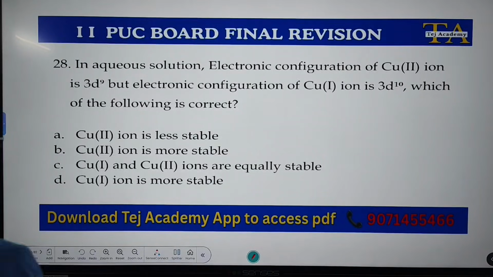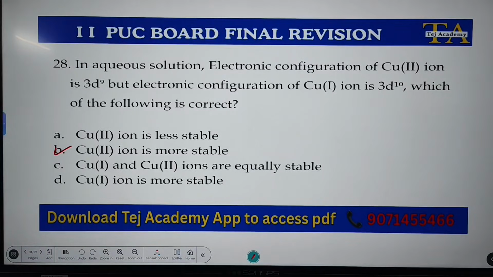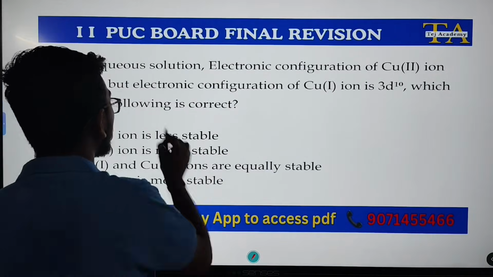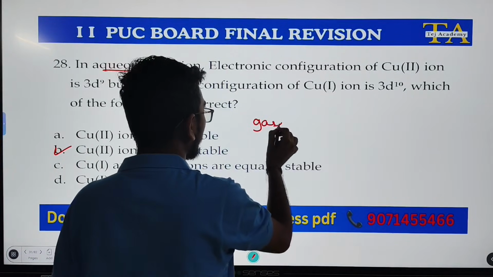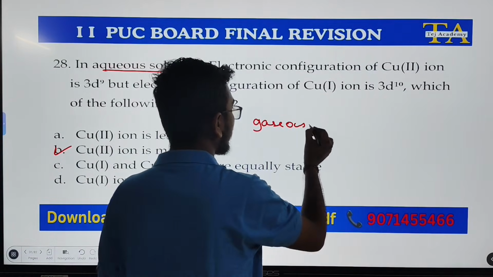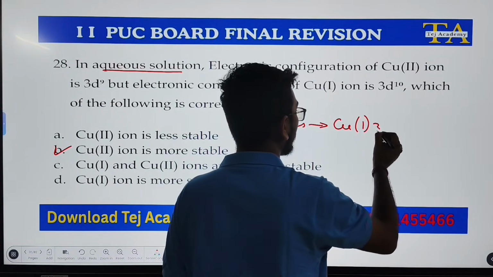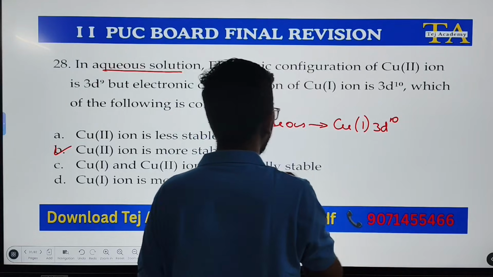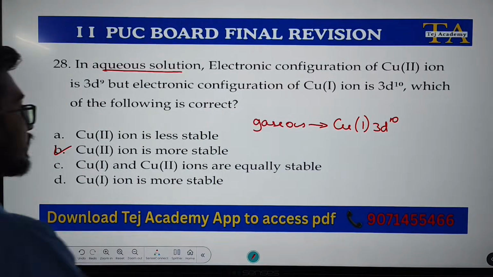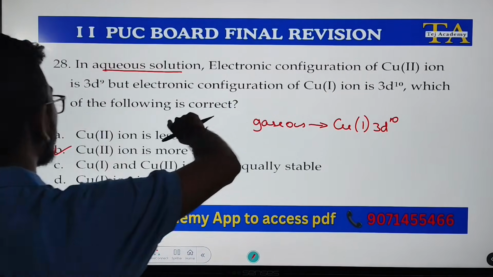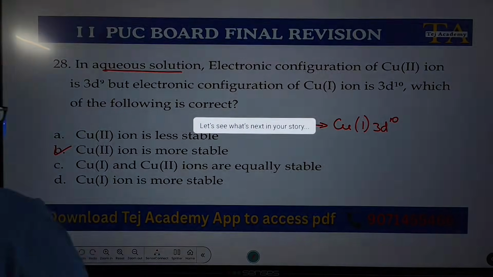So which option is correct now? Copper +2 is more stable. Always remember, in aqueous solution. In the gaseous state, remember, if they changed the question, copper with +1 oxidation state is more stable than Cu2+, but in aqueous solution 3d9 is more stable than 3d10. So the second option is the right answer.